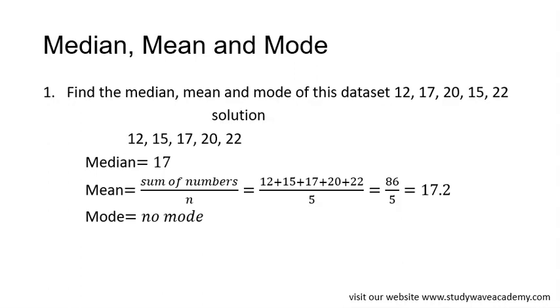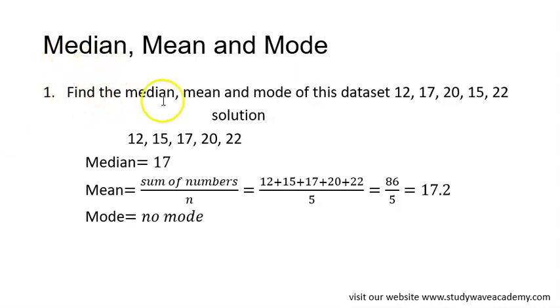And mode is the value that appears most frequently in a data set. So we're going to be looking at examples on median, mean, and mode, okay? Median is the middle value of a data set, mean is the average, and mode is the most frequently appearing value in a data set, okay?